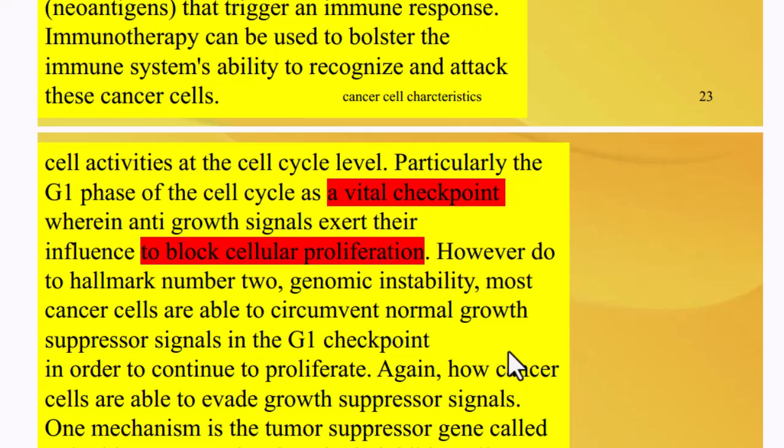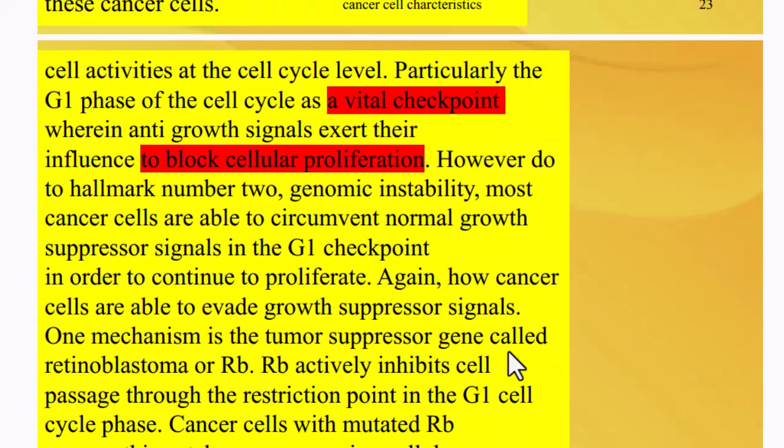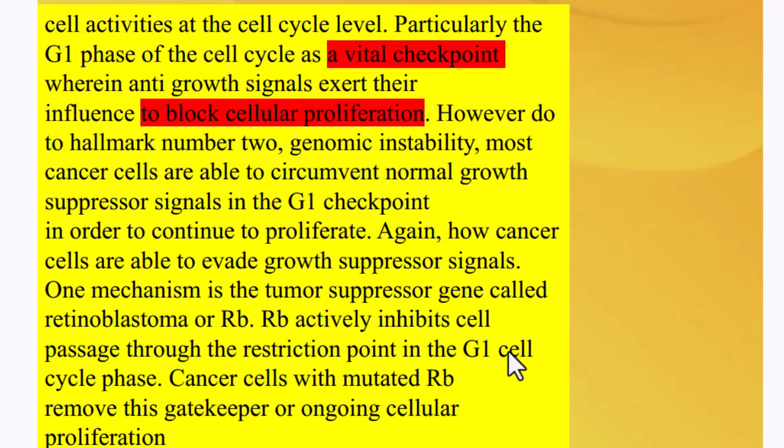The G1 phase of the cell cycle is a vital checkpoint wherein anti-growth signals exert their influence to block cellular proliferation. Most cancer cells are able to circumvent normal growth suppressor signals in the G1 checkpoint in order to continue to proliferate.